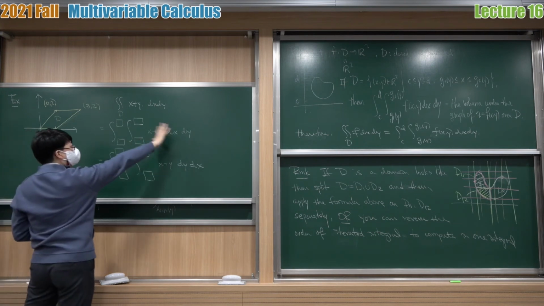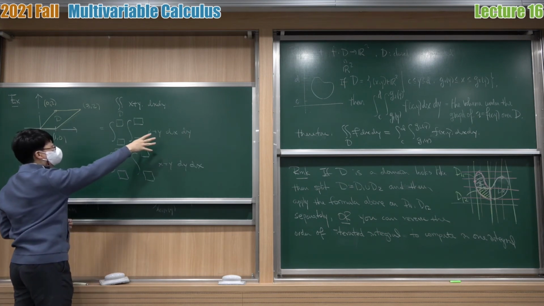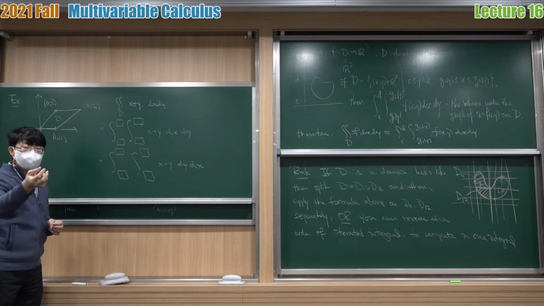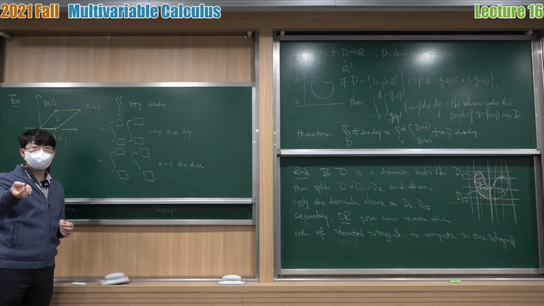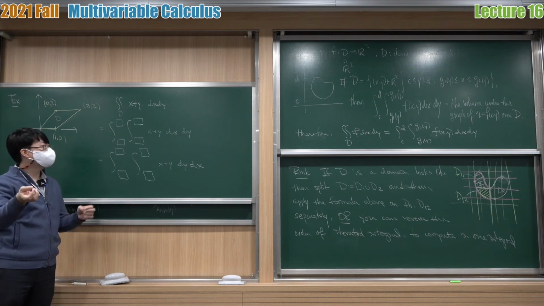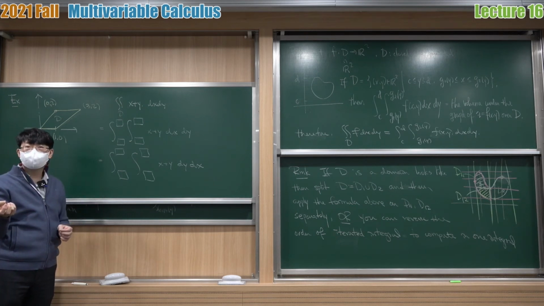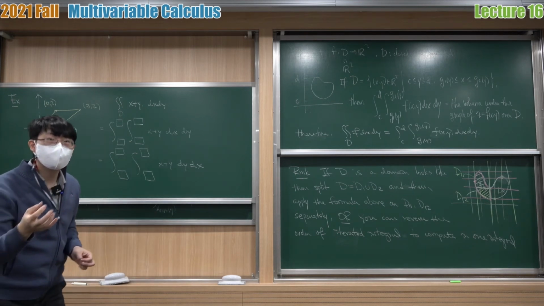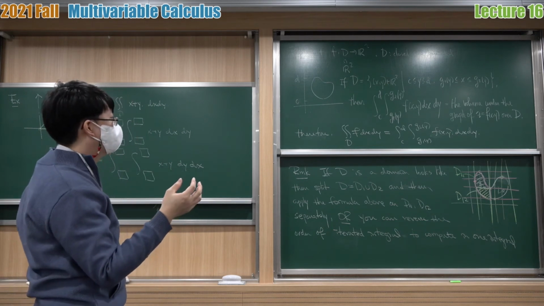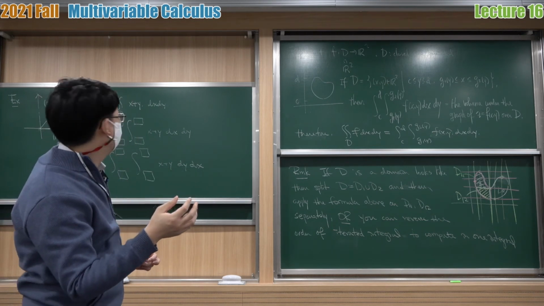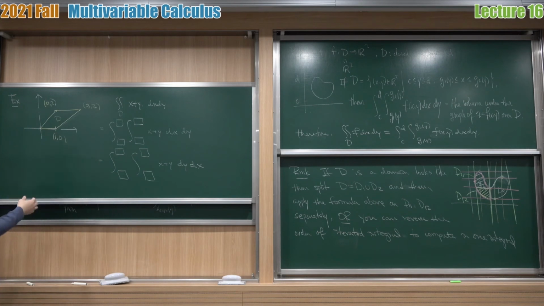So in order to find this iterated integral to represent the volume, what should you do first in the first place? Find what? Find the function g1 in terms of y. Before you find that function, you first find the range of y. Okay. So y ranges from 0 to 2.